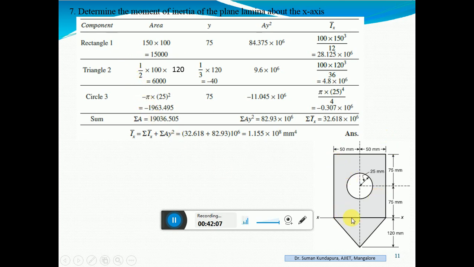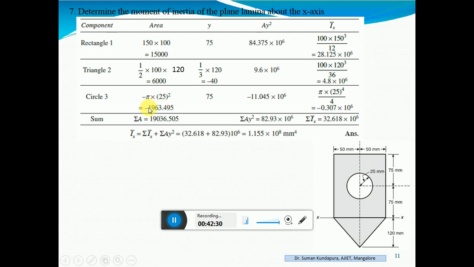Consider this rectangle whose sides are 150 by 100 mm, so the area is 15,000. Triangle is half into base 100 into height 120, which is 6,000. Third one is the circle.